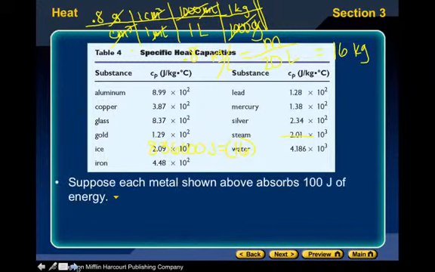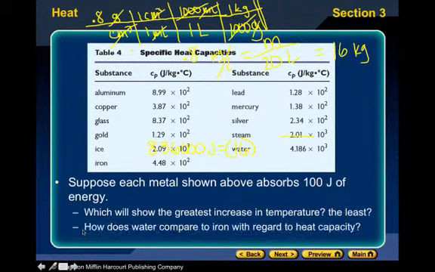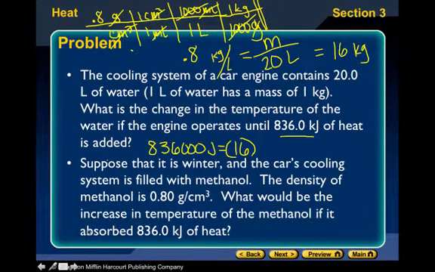I don't know what methanol's is. And then you would solve for delta T. We know how to do it, we just would have to look up the methanol's specific heat.